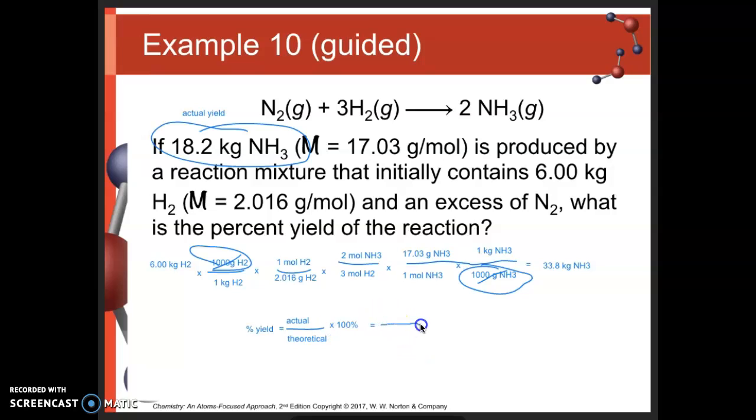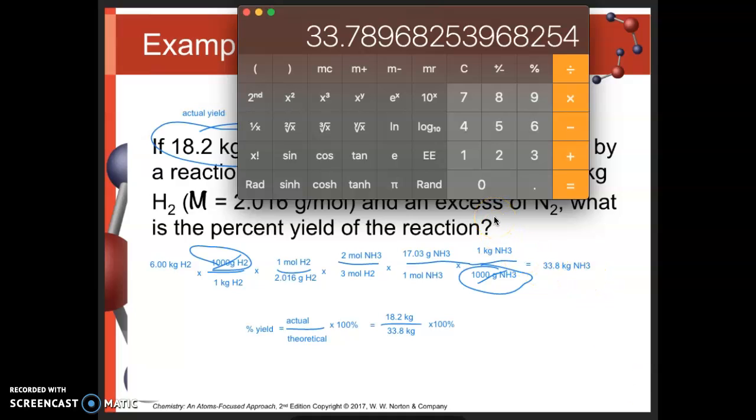So let's put the real numbers in there now. My actual yield was 18.2 kilograms. My theoretical yield was 33.8 kilograms. I'm going to multiply that by 100%. So bring in the calculator once again. 18.2 divided by 33.8.